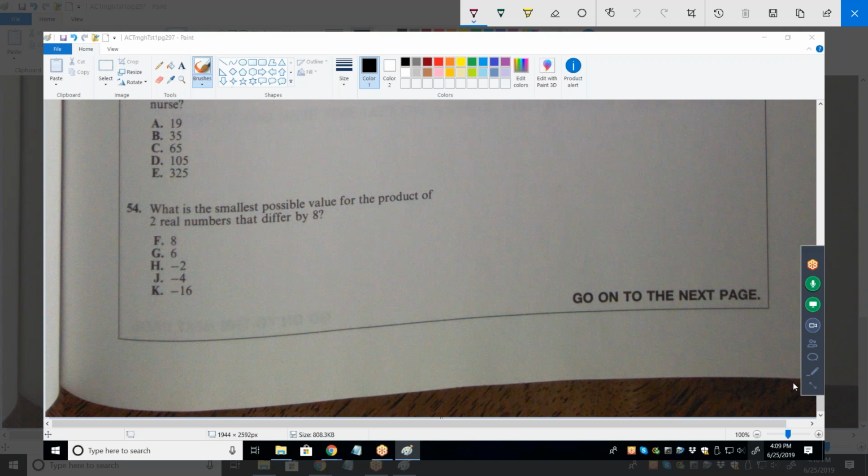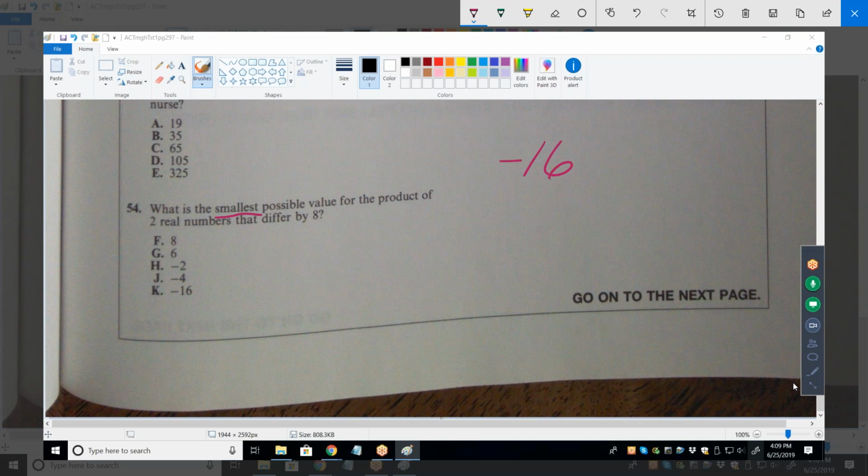Either 6 or -4? No, not in this case. Only in this case where it says the smallest possible value. So we would have to start with the smallest value. If that one works, we're done, right? That's right. If it doesn't, we just work our way back. So what's the smallest value? -16.